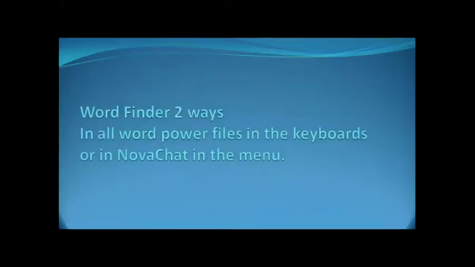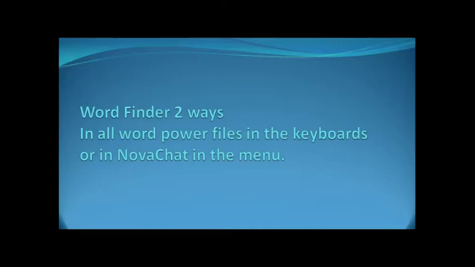In case you don't know this, there's two ways now that you can find Word Finder. You can turn it on under settings, and then you type in the word. But also on the keyboards, Word Finder is not on Chat Editor, so I can't really show you. It looks like it's there, but it doesn't work on the Chat Editor.